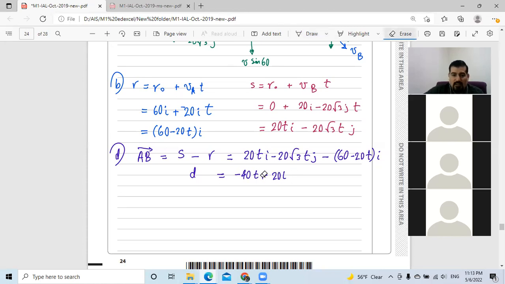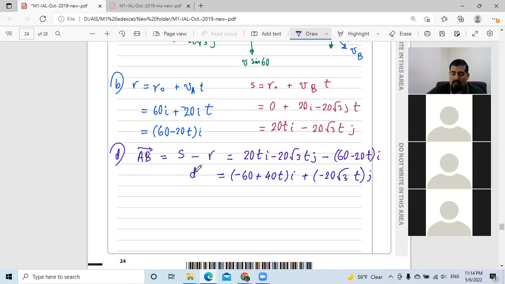So it will be negative 60 plus 40t, all of this multiplied by i, plus or minus 20 square root of 3 t, all of this multiplied by j.